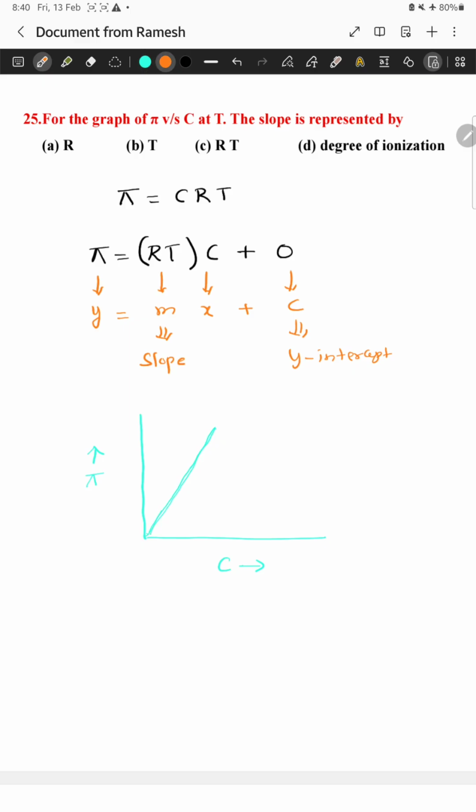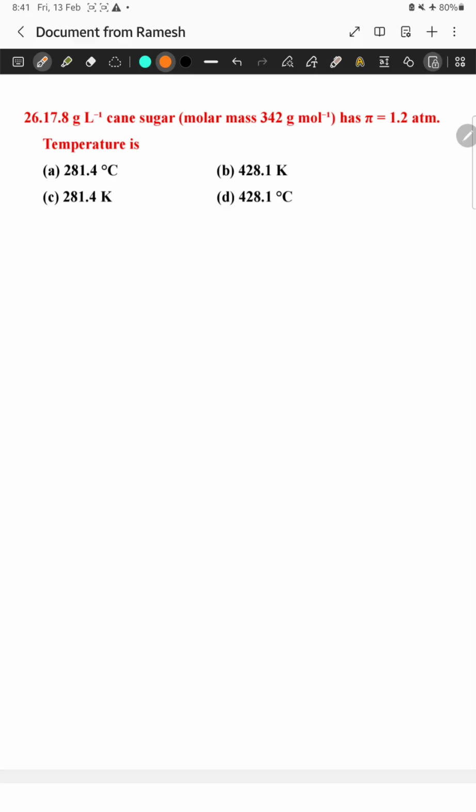Now what is the slope of this graph? That is m. What is m? RT. So the slope of this graph will be RT. Therefore option C is correct. Question number 25, option C.